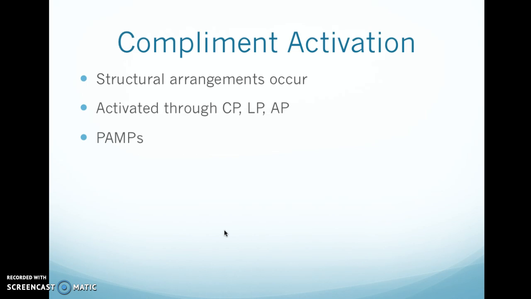Complement activation. Before you can have regulation of the complement, you have to have activation. Upon complement activation, structural rearrangements, cleavages, and the assembly of proteolytic and lytic complexes occur. In this way, complement can be ubiquitously present in an inactive form, but become active locally.